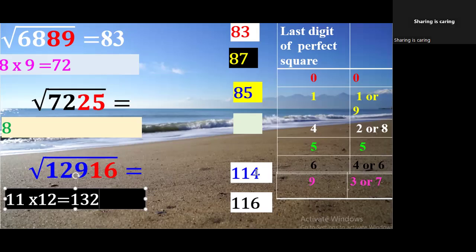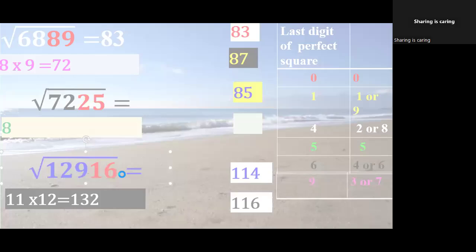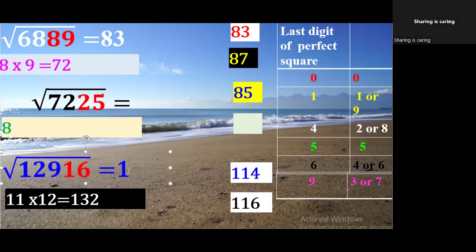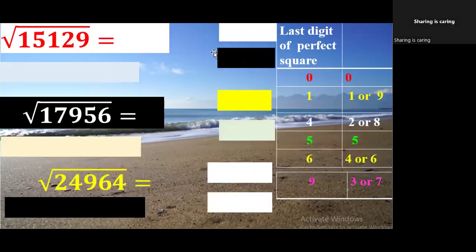The smaller number is what? 114. So the square root of 12,916 is 114. Done. So let's do the next one.